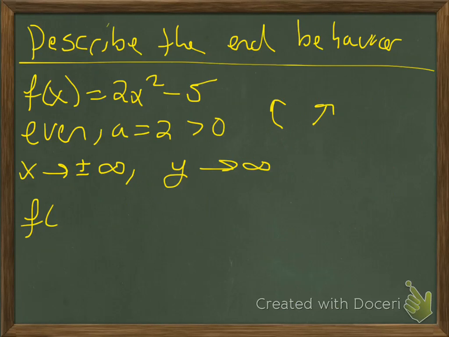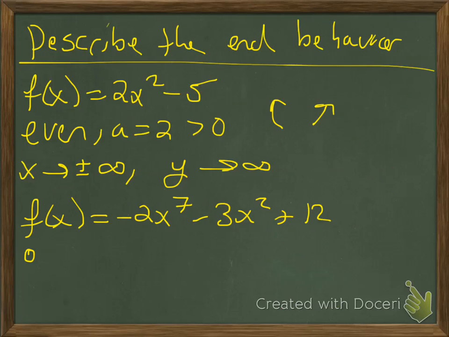Okay. So look at another one. f of x is equal to negative 2x to the 7th plus 3x squared plus 12. I'm looking at the leading coefficient, which is negative 2, so the a is negative, which is our reflection. This is an x to the 7th.